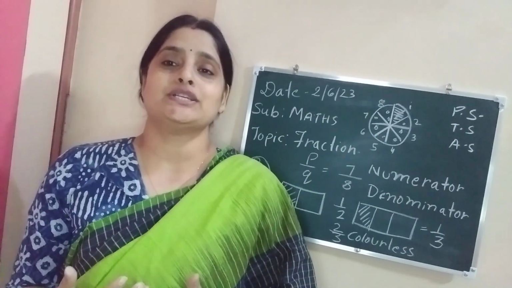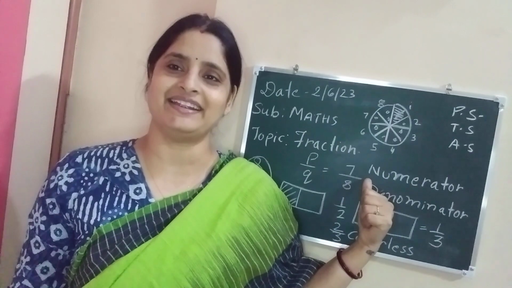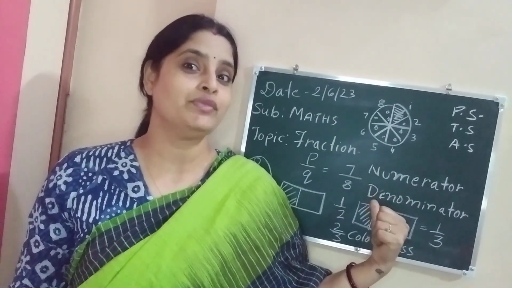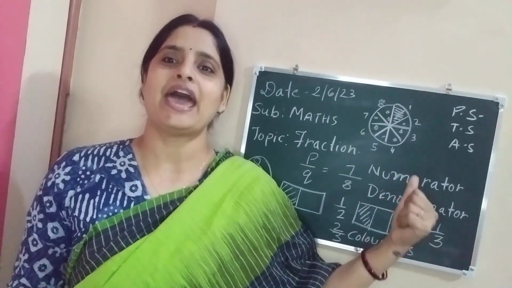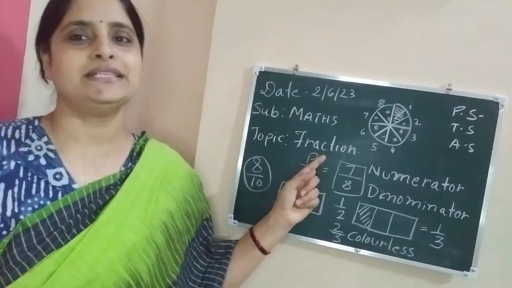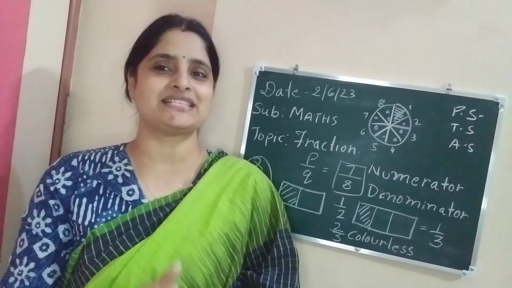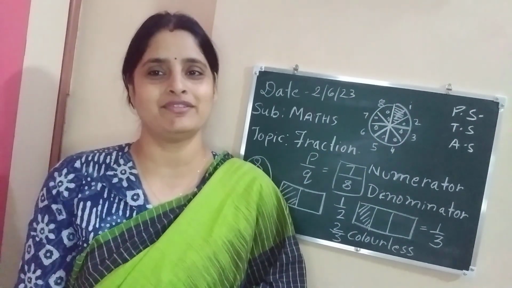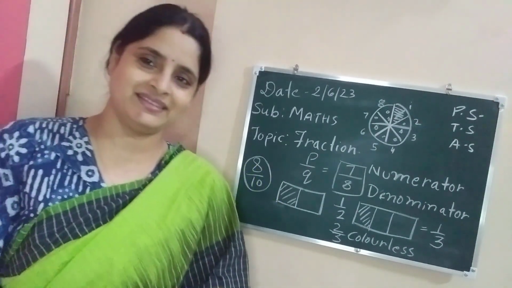The number which is above the dividing line, just like 8, is called the numerator, and the number which is below the dividing line is called the denominator. And the whole thing is called the fraction. Means 7 upon 8 is called a fraction. And what is the best example? That is your marks which you have seen in your test and exam paper.